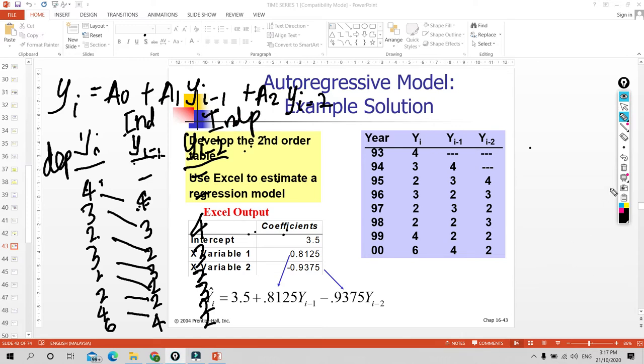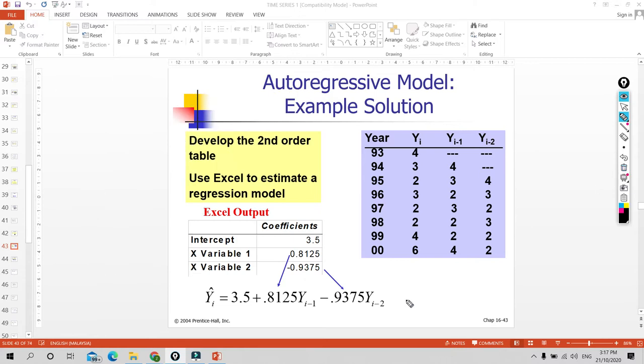So this is our y here, and we take a previous one. Here is 3, here is 2, this one is 3, and this one is 2, this part is 2.